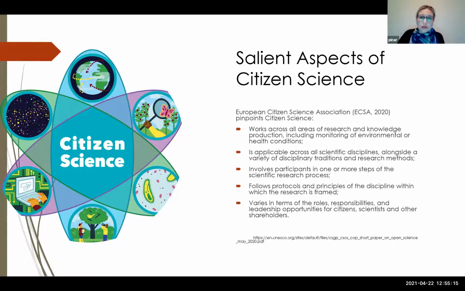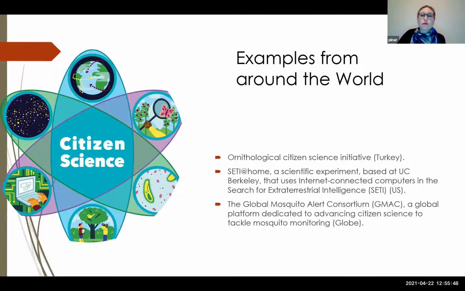It is applicable for different scientific disciplines, fields, or study areas, and it involves participants throughout the scientific research process. There are some protocols, as in all scientific endeavor, and the principles of the related discipline are also relevant here. Different roles, responsibilities, and accountability are all valid for citizen science work.